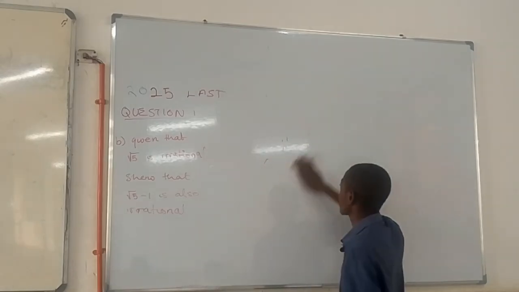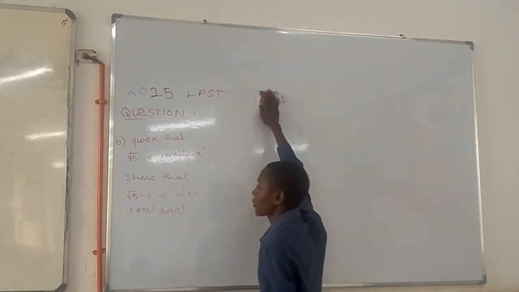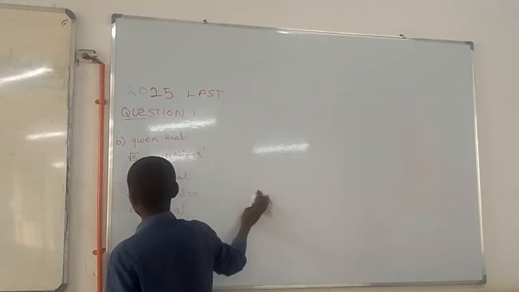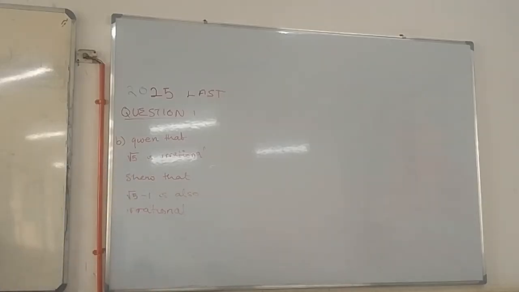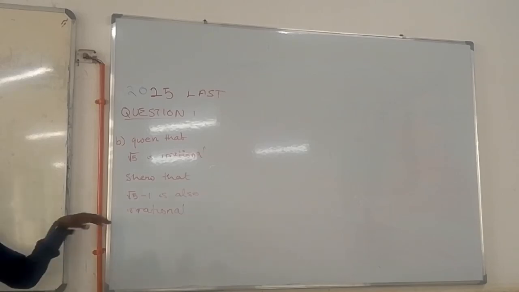This question is coming from sets of numbers. When you start talking about irrational numbers, for sets of numbers there are different types of numbers that you have there. You have the real numbers, the natural numbers, the whole numbers, and you've also got the rational and irrational numbers.